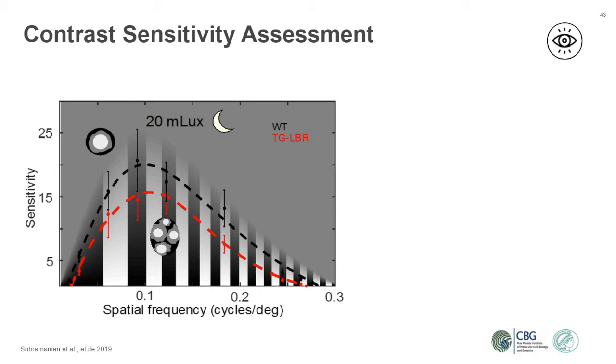We determined the contrast sensitivity of the mice at 12 different spatial frequencies, or resolutions, to obtain a contrast sensitivity function as shown here. To quantify the contrast sensitivity and compare different animals, we calculated the area under the curve, and higher values here mean better contrast sensitivity, or better integrated sensitivity.